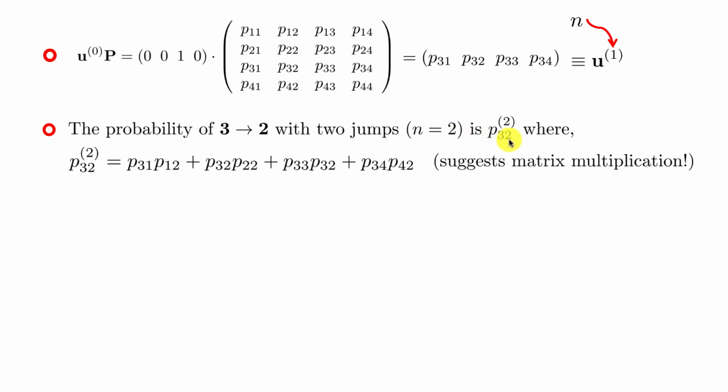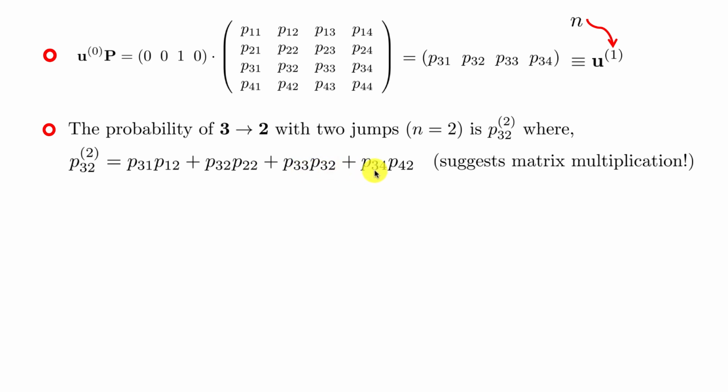We'll call that P32. Now ask yourself, how do you get from 3 to 2? What are the different possibilities after 2 jumps? First, you could go from 3 to 1, 1 to 2. Or you could go from 3 to 2 and 2 back to 2. Or go from 3 to 3 and then jump from 3 to 2.